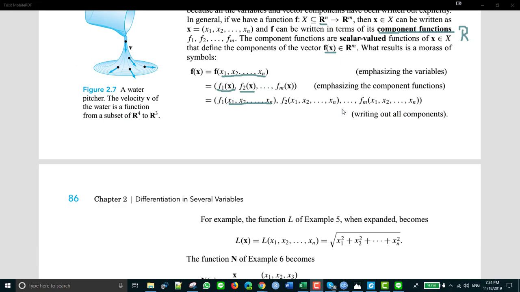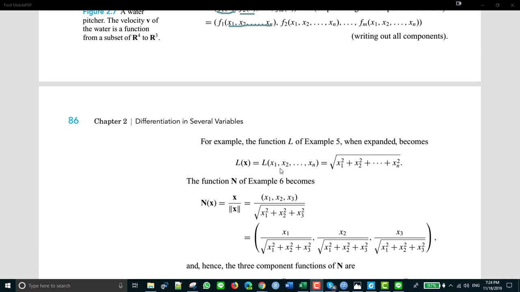So it's L of x equals L of this, and then in terms of these variables, it's the square root of the sum of the squares of these. That's what you get when you do x dot x, square root, the norm of x. This is what the norm of x is. This one also was written succinctly like this, but we could also write this like this, and then the norm like this, just like we did here.